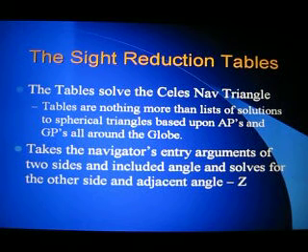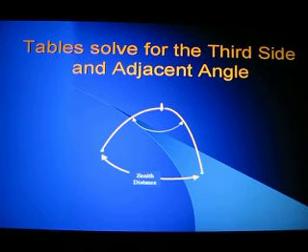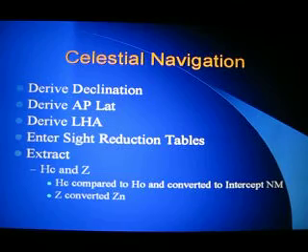It takes what the navigator enters, the entry arguments of two sides and the included angle, and then it solves for the other side and the adjacent angle Z. It does that hard spherical trigonometry for you. Okay, so we enter the two sides and the included angle. It solves for the zenith distance and Z.